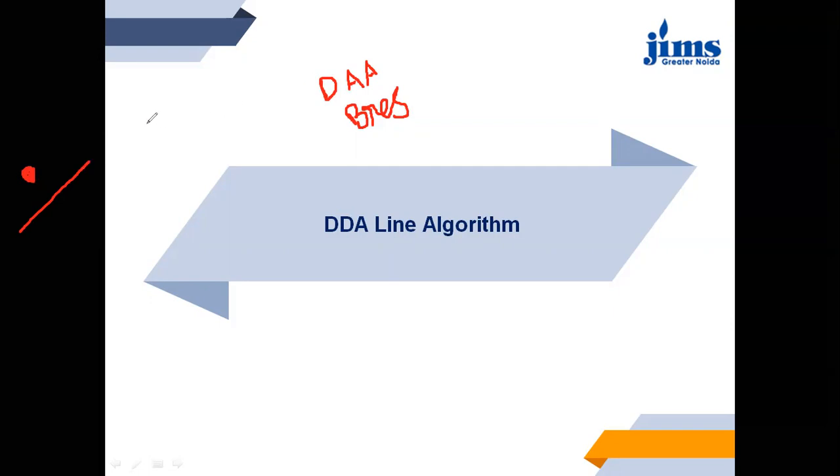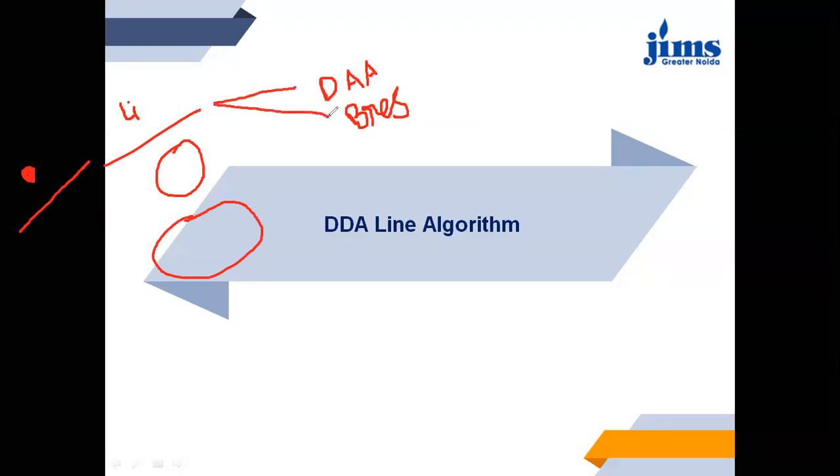We have to study it for three objects: first for the line, second for the circle, and third for the ellipse. And in line there are two methods, two algorithms. First one is DDA and second one is Bresenham's.